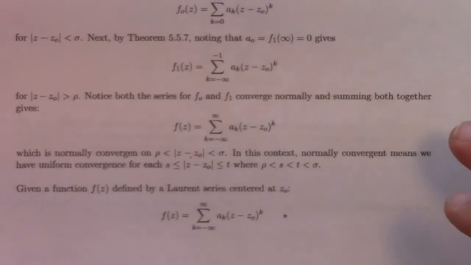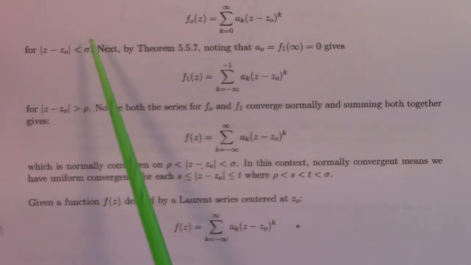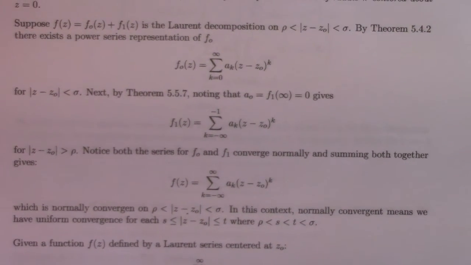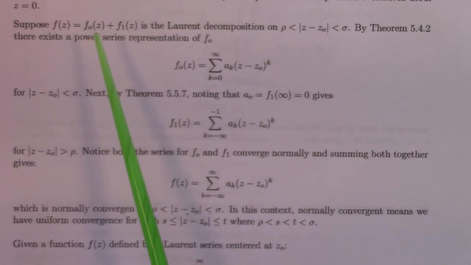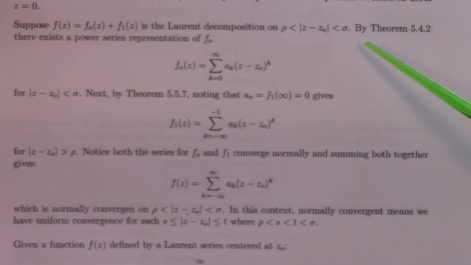All right, so anyway, moving along. Suppose f of z equals f naught plus f1 of z is the Laurent decomposition for some annulus. Then we have two things going on here.